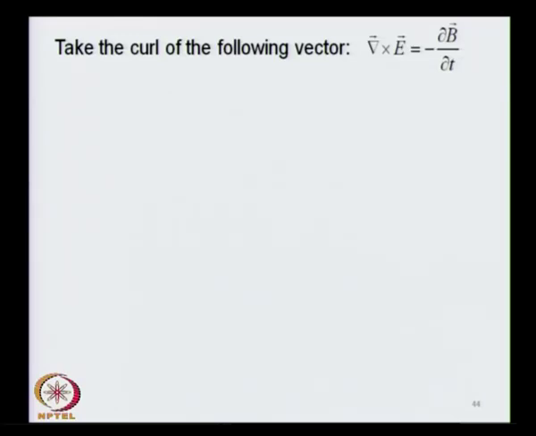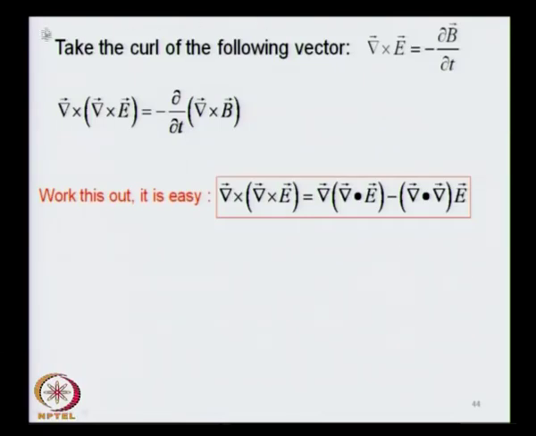So, you take the curl of E. Again you can swap the positions of the curl operator with the time derivative operator. So, you preserve the negative sign, and you take the time derivative of the curl of B, and if you work this out term by term, it is a matter of doing elementary vector calculus.